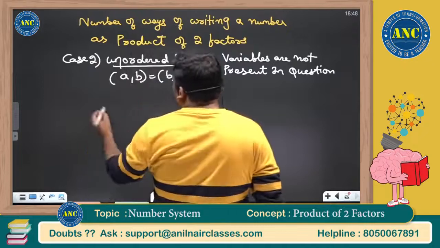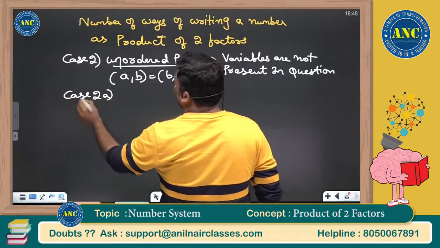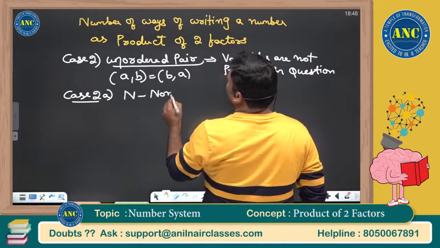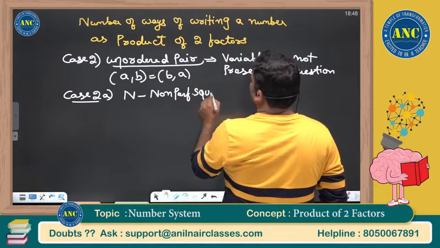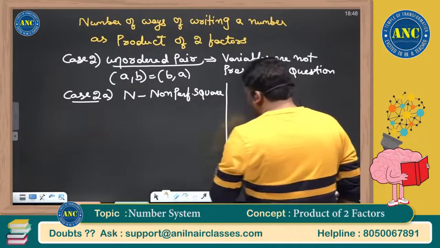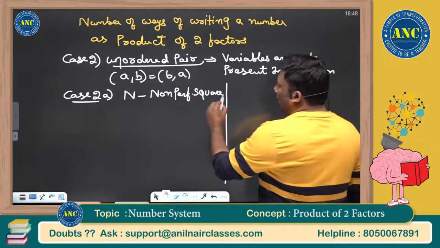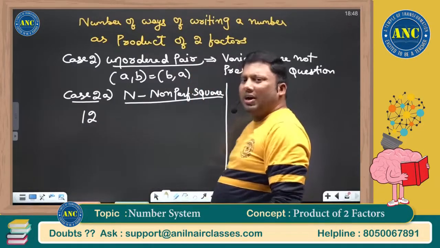In that one, case 2a, there are two cases that will come. That also we will discuss. If the given number is a non-perfect square. Suppose if I take 12, is 12 a perfect square?